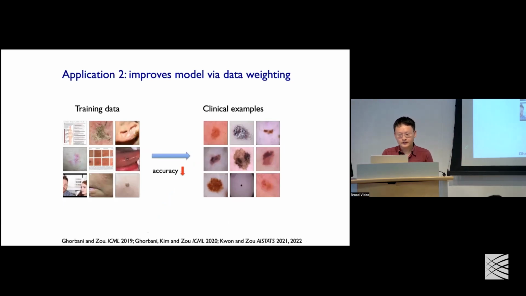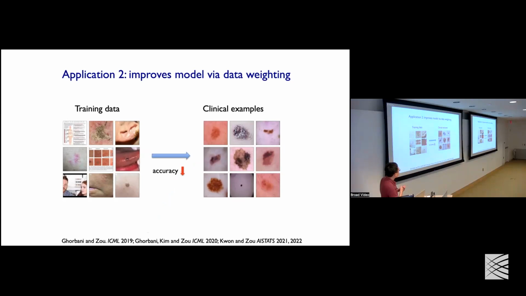Okay, so I just want to mention one other quick application, which is going back to this dermatology example that motivated this, right? There, in particular, the training data can be very heterogeneous. Sometimes people even just scrape training data from the internet.